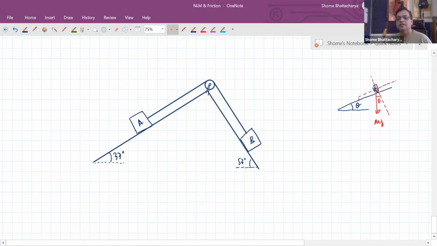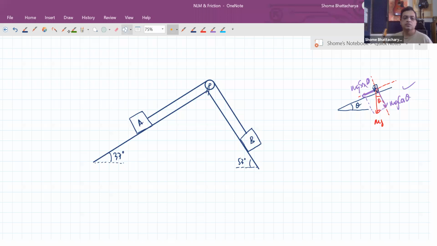And this angle is always theta. So when we resolve it into components, the component of weight which is normal becomes the cos component, provided we are talking about the angle with the horizontal for the inclined plane. And the component which is parallel to the inclined plane becomes mg sine theta, the sine component. So this thing we will implement from the beginning.